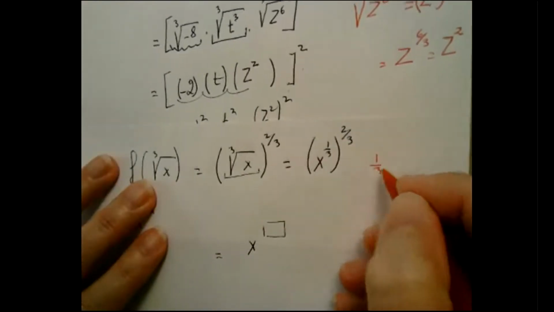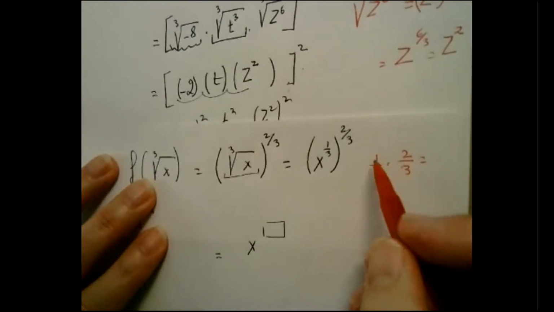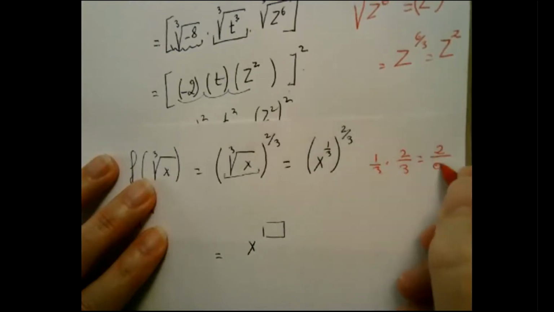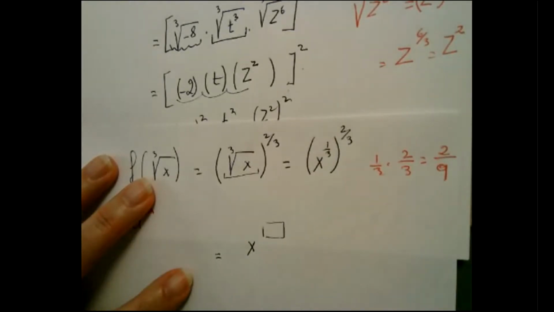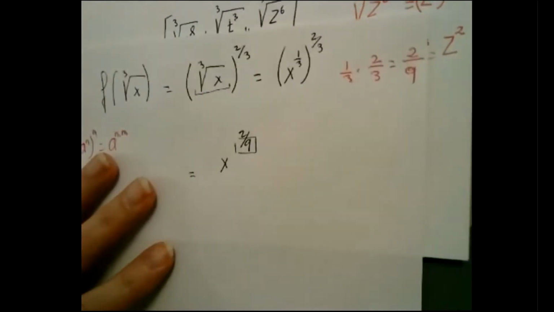And that's exactly what we did. We have a third times 2/3. And how do we multiply fractions? We multiply the numerator, 1 times 2. We multiply the denominator, 3 times 3. x to the power 2/9. So this is hard, but it's a nice application. That's the end of that.